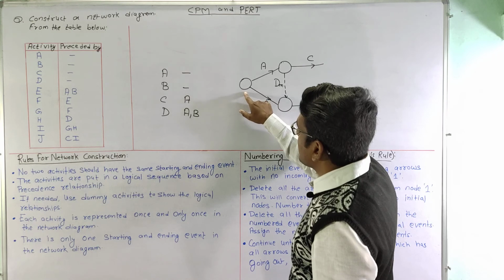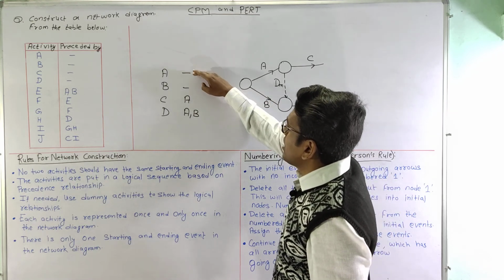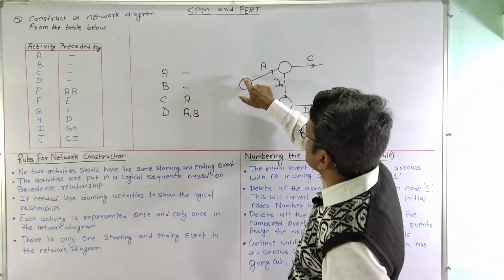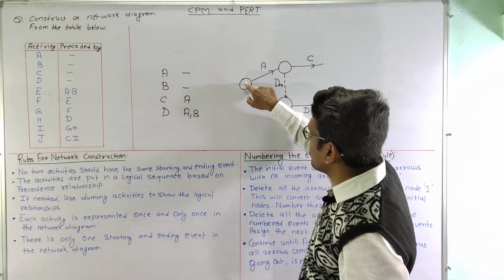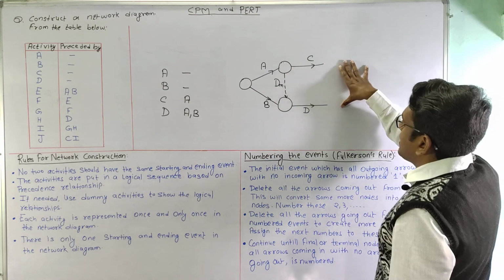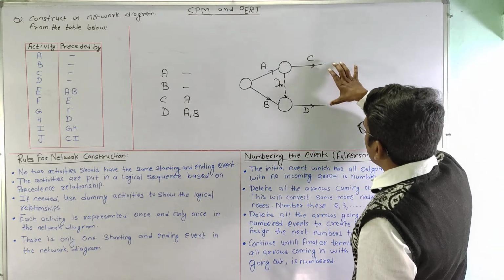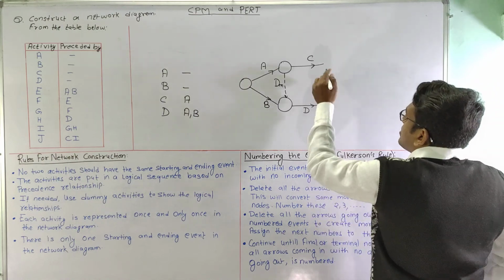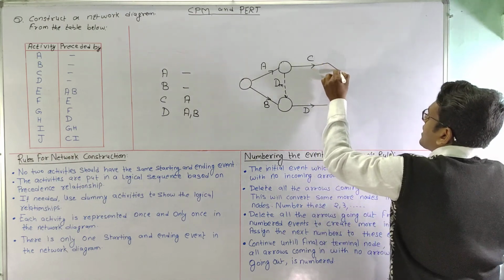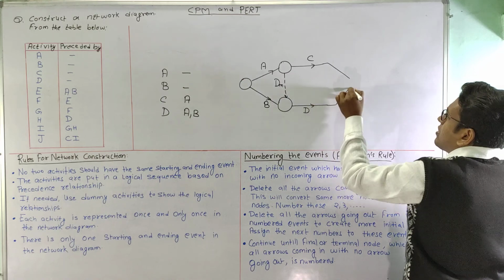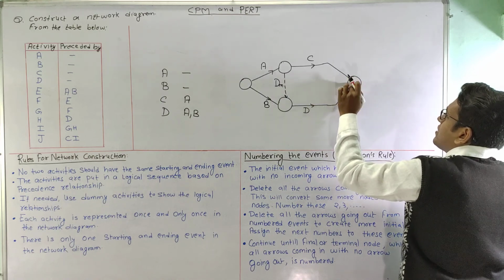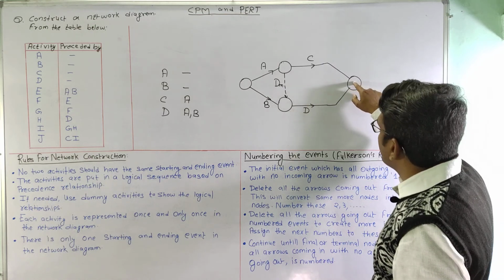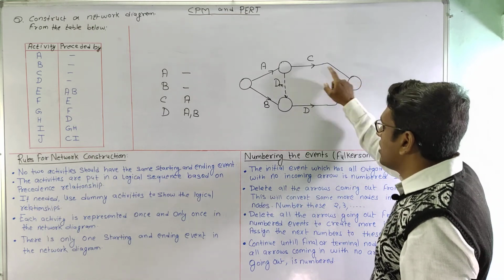No matter how many unpreceded activities there are, all of them must start from a single node, and at the end we need to converge all the remaining open activities to a single node or event, which will be the finishing event of the network.